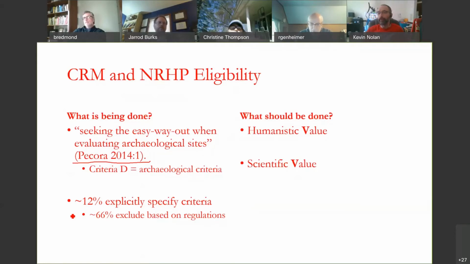And one study has shown that about 12% of the reports that are available actually specify which criteria they're using when they say that it's eligible and requires further work. And we should know that we need to justify our recommendations for additional work in eligibility based on the criteria.